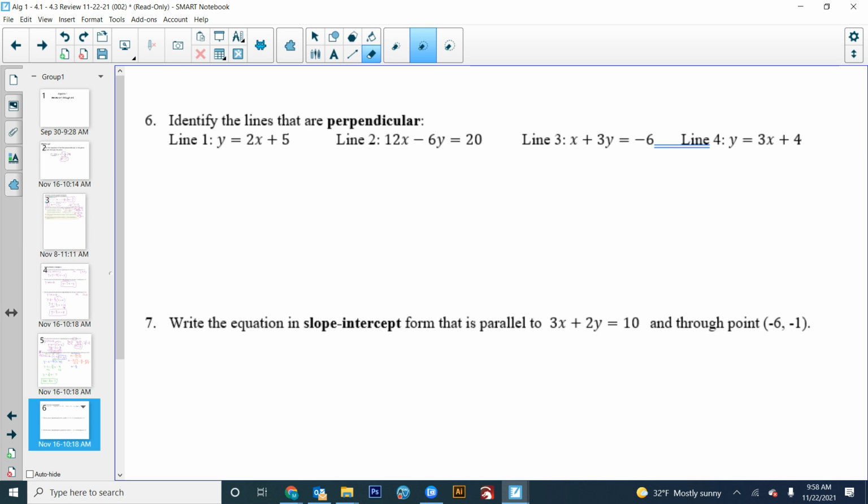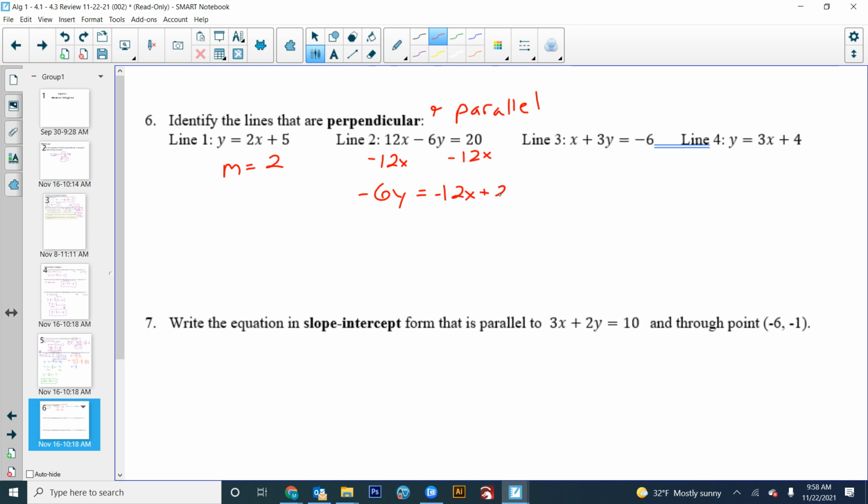All right, identify the lines that are perpendicular. Well, this one's got a slope already. This one's slope, oh, right, is perpendicular and parallel. All right, this one needs to have it in slope-intercept form, so we'll subtract 12x from both sides. Negative 6y equals negative 12x plus 20.